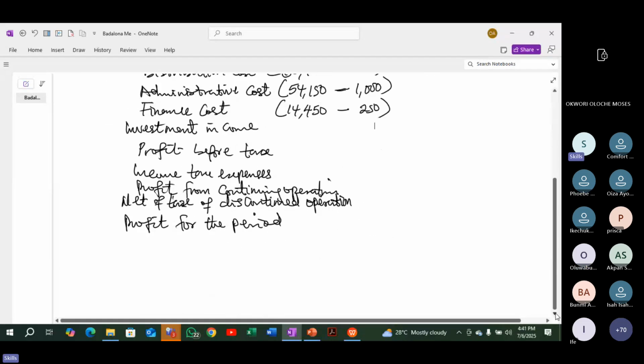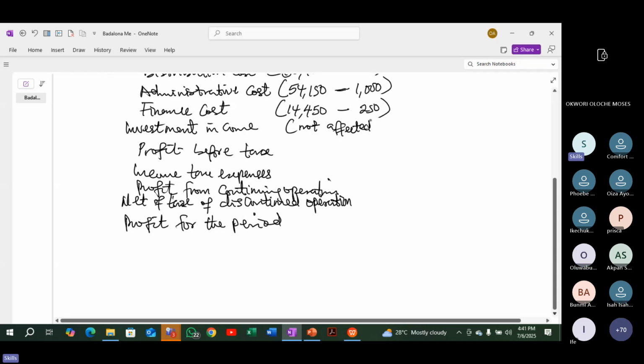Investment income. Do they give us any information? 7,605. Do they have any information for the other one? No. Will it be affected? Not affected.